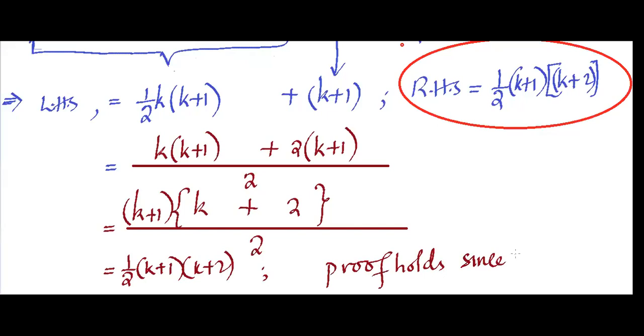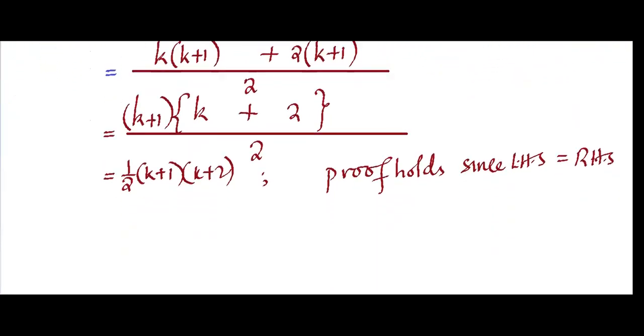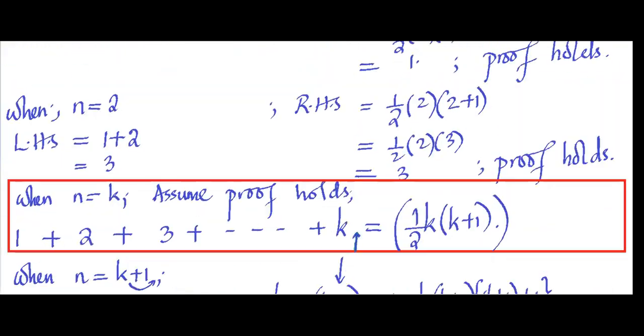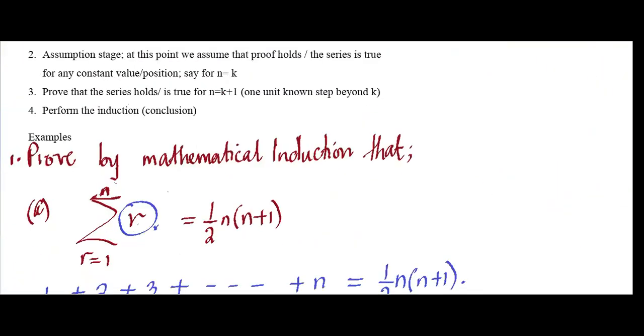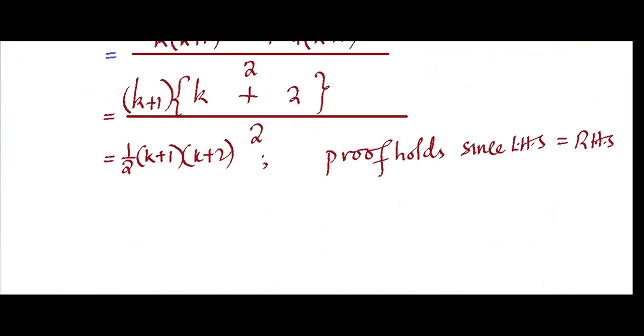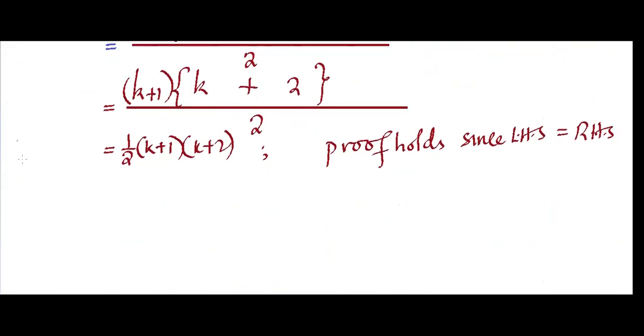Since we have confirmed that the left-hand side is equal to the right-hand side at this point, the last step is to perform the induction or conclusion. So how do we perform the induction?